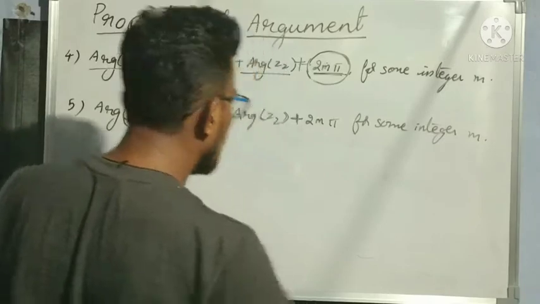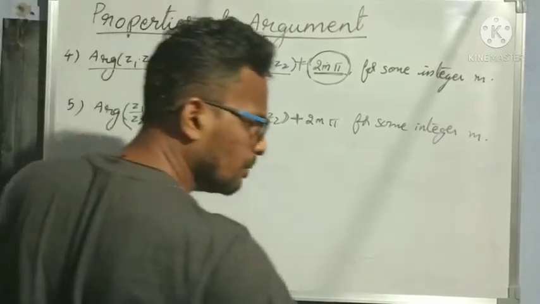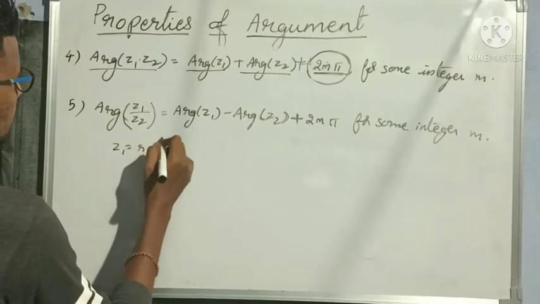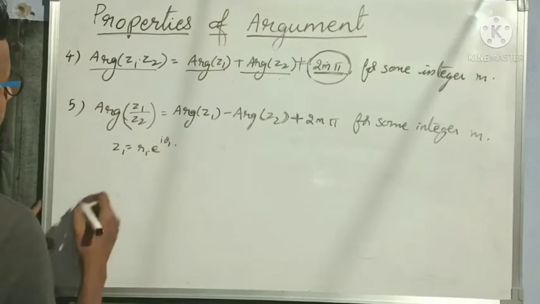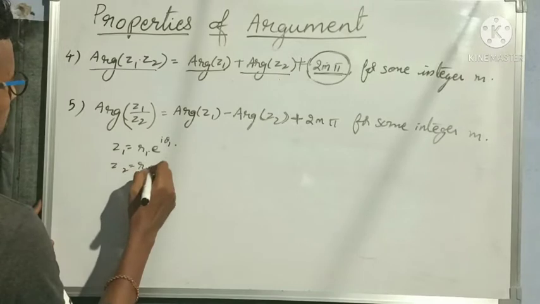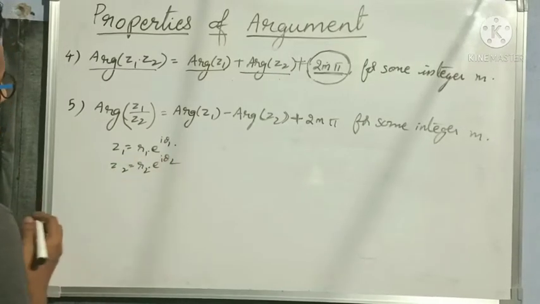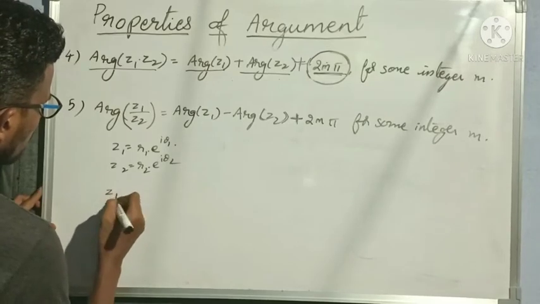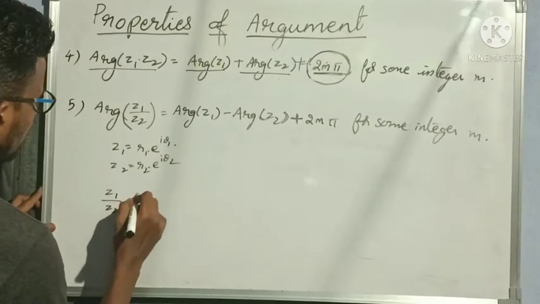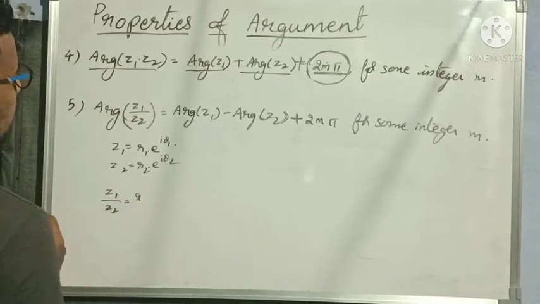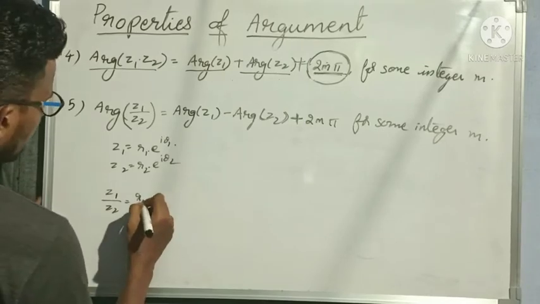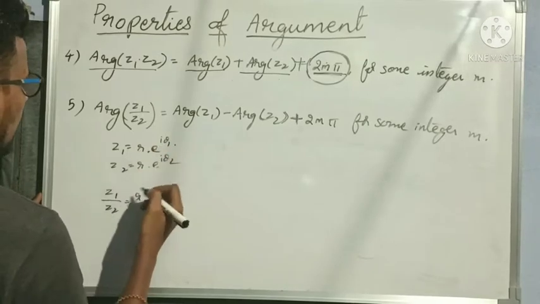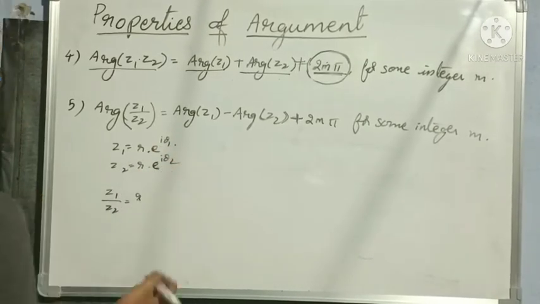Okay, I will explain once again. So z1 is equal to r1 into e power i theta 1. So z2 is equal to r2 into e power i theta 2. So z1 by z2 is equal to r1 into e power i theta 1 by r2 into e power i theta 2.